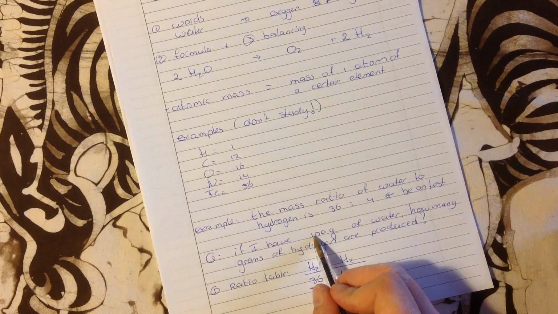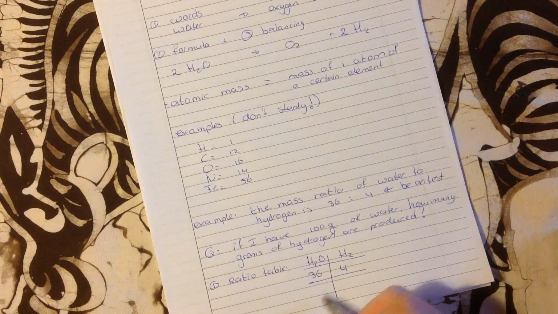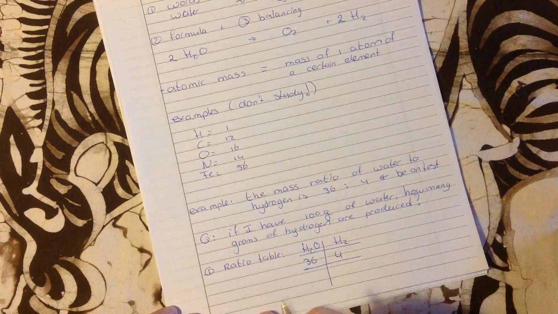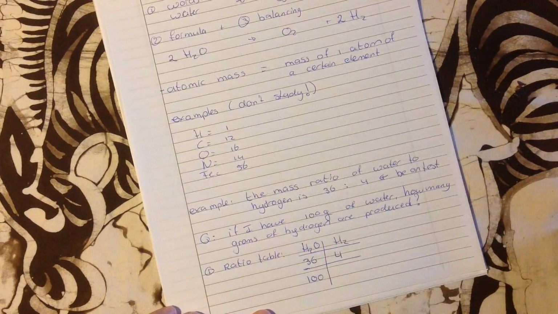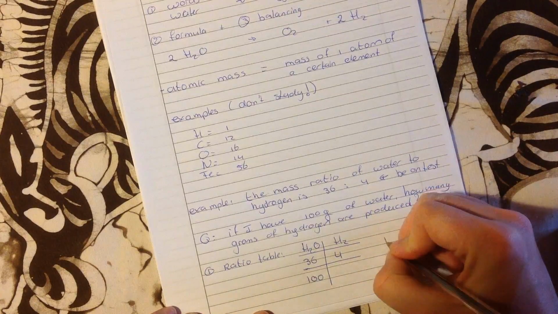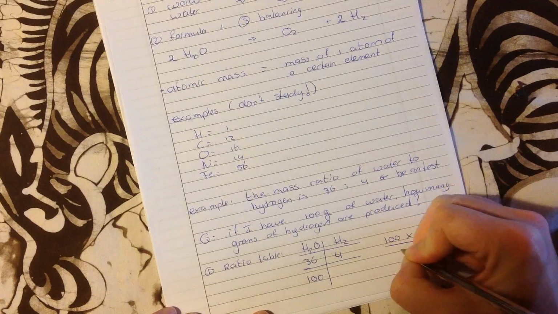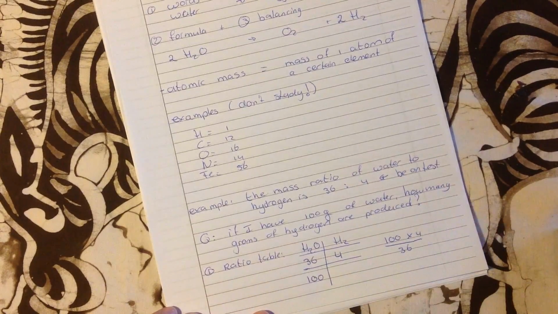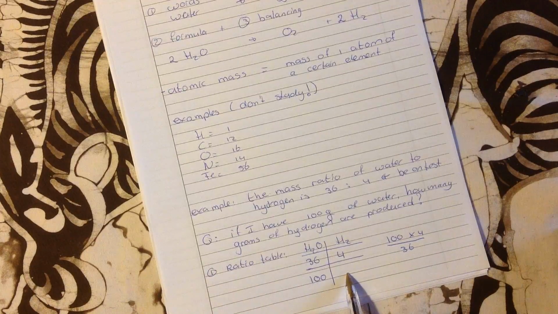Make sure that this 100 gram is actually under the water and not under the hydrogen, because then you will get weird answers. So this is 100. And now please write down what you're doing. I take 100 times 4 divided by 36. And then I end up with the amount of grams that you actually get here.